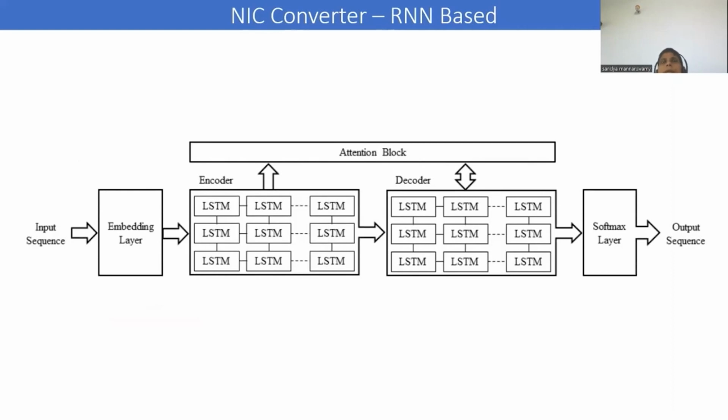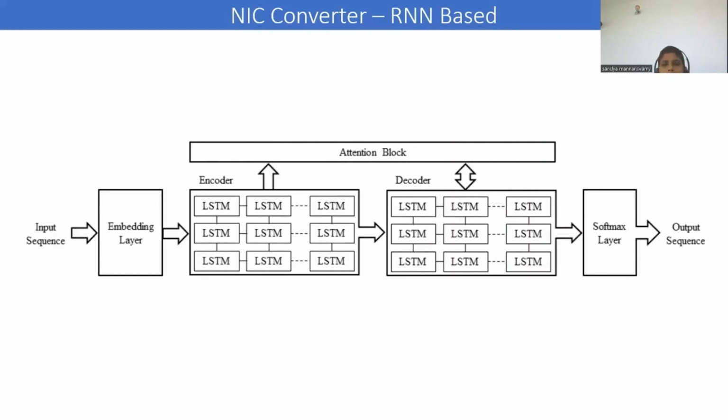The encoder has stacked layers of LSTM cells, and these are bidirectional, so you get the context in the encoder from both left to right and right to left. In the decoder, since we are generating the target sequence one symbol at a time, it's unidirectional. Again, you have stacked LSTM layers, followed by a softmax layer.